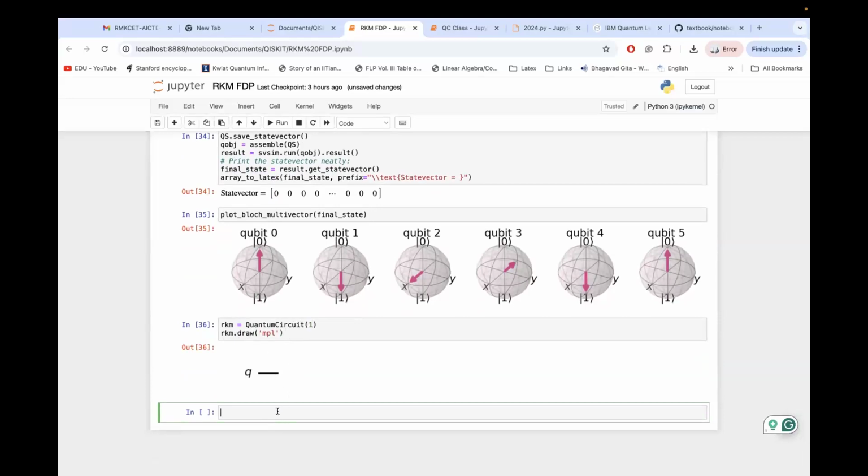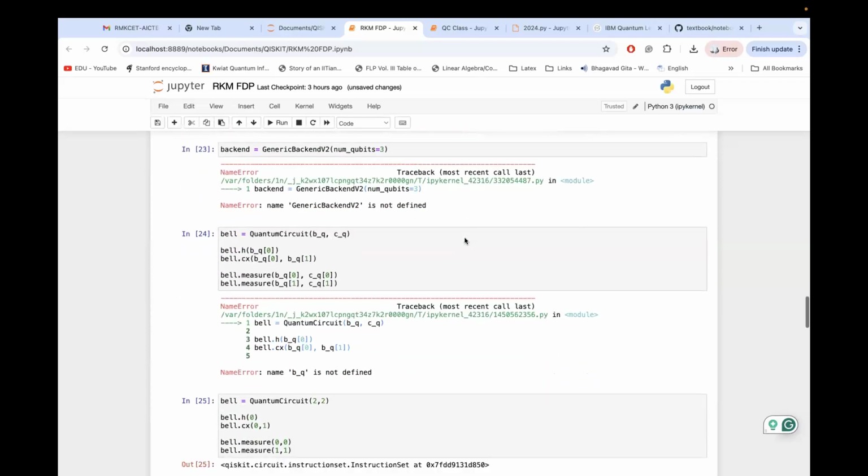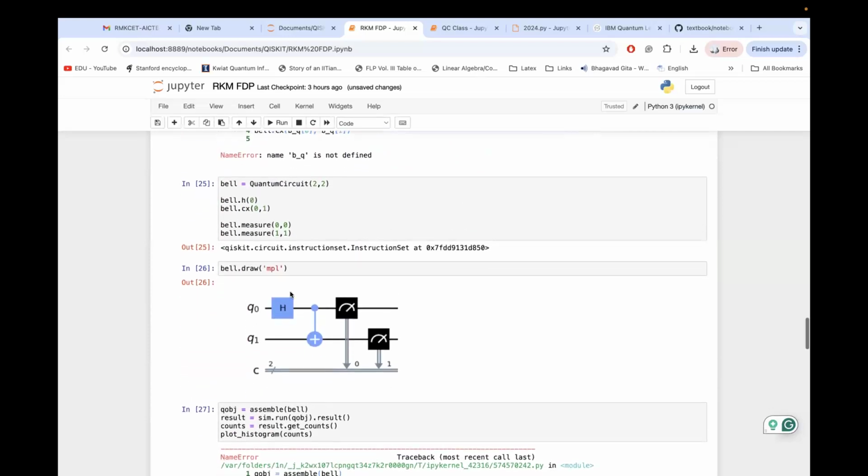Okay, now we can do some gate operations. But before that, generally when we are working with a quantum circuit, we will have both quantum and classical bits in the circuit. Why do we need classical information? Because if you look at this circuit carefully, we have created a quantum circuit with 2 qubits, and we have done some gate operations.